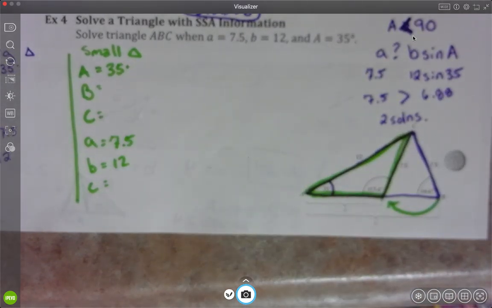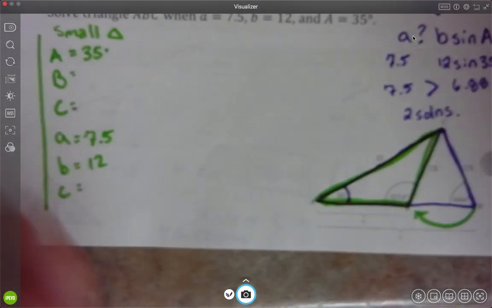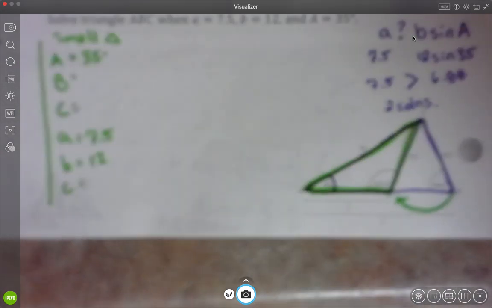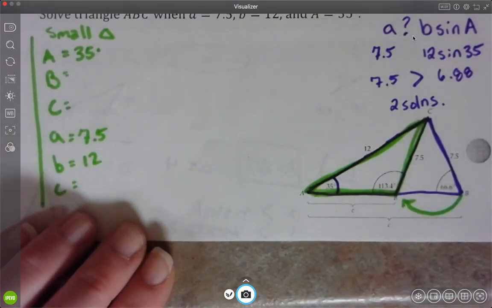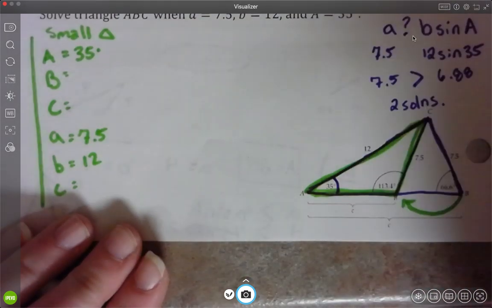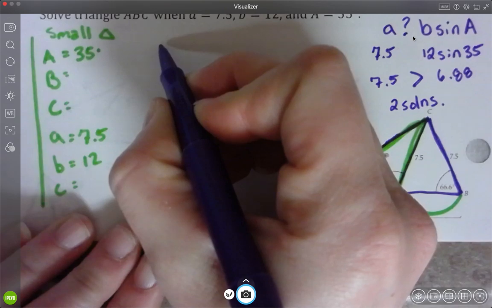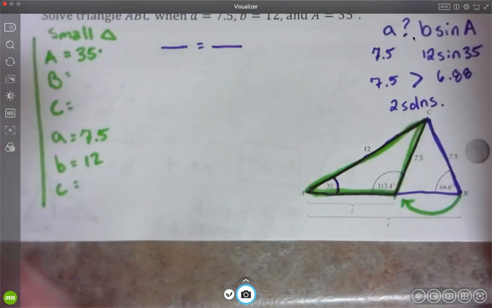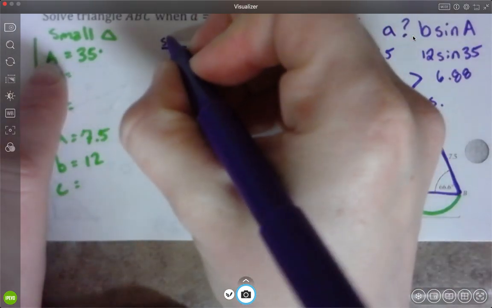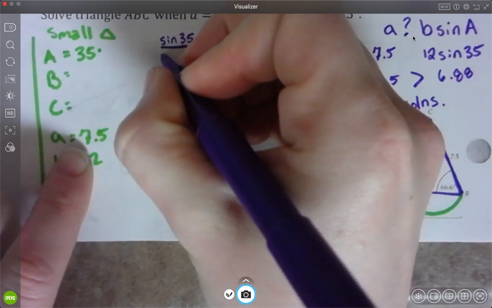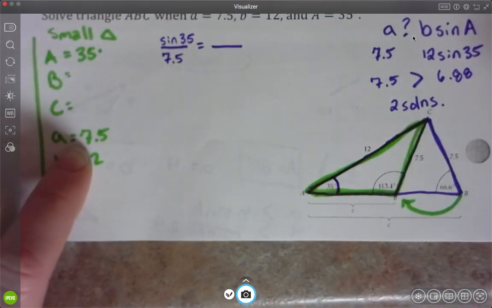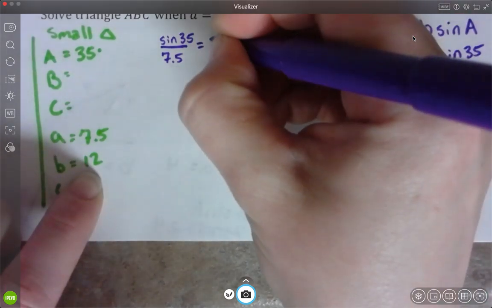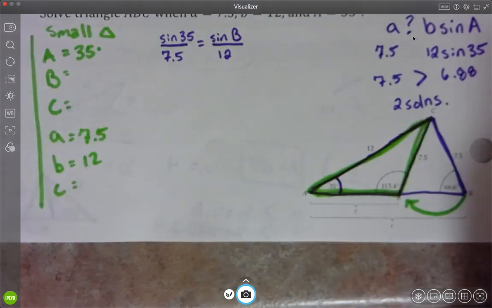Okay, so let's see how this fits in here. Let's do our law of sines with the a's and the b's that we have already and see where we get to. Okay, so we have an angle A that we can do sine of 35 with, and we have side a is 7.5. Okay, we can put that over that. Okay, and then I need angle B, but I know that side b is 12, so I need sine of capital B, and we need that to go there.